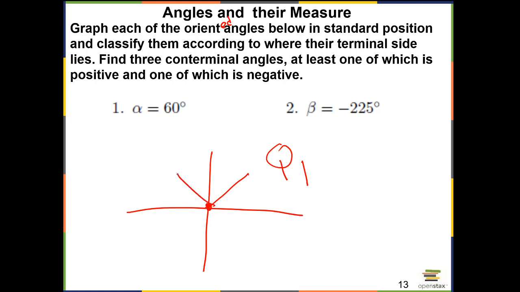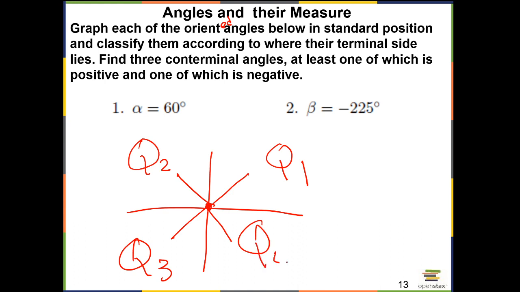If it ends up in the second quadrant, it's called a second quadrant angle. In the third quadrant, it would be a third quadrant angle. If it's in the fourth, it's a fourth quadrant angle. Now, if the terminal side ends up on one of these axes, then they're called quadrantal angles. They're not in any quadrant, but they're quadrantal. So they're kind of on the axes, like 90 degrees, for example, is a quadrantal angle. Okay?